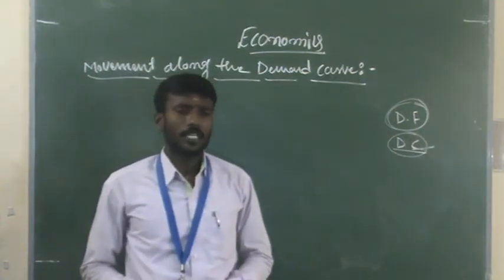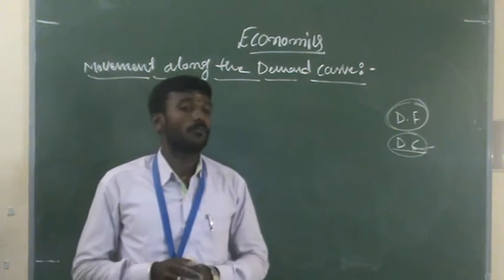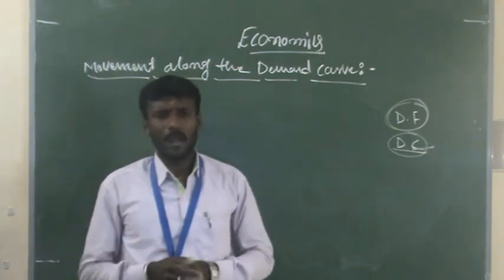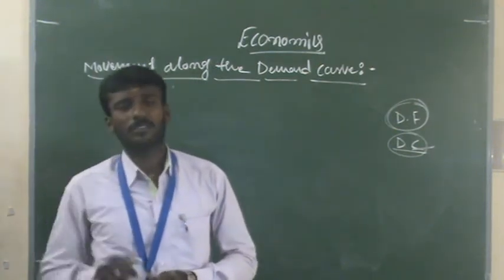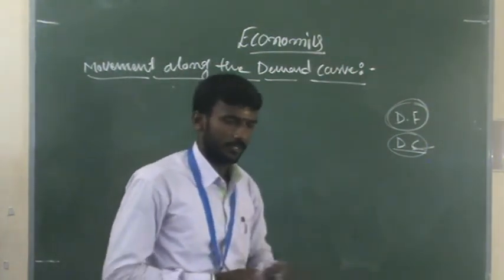Also, in the previous classes we studied the concept of the law of demand. The law of demand means that when the other things are remaining constant, when the price of the good increases, the demand for that good decreases.